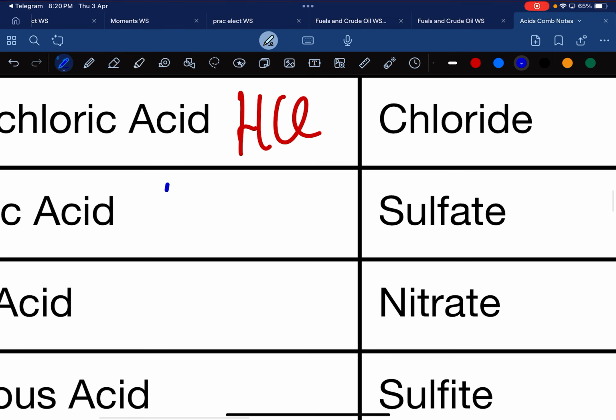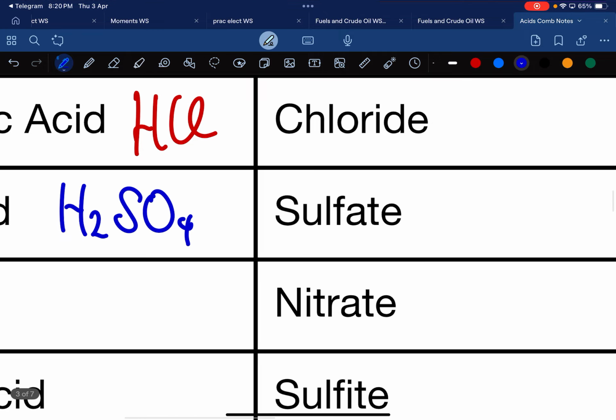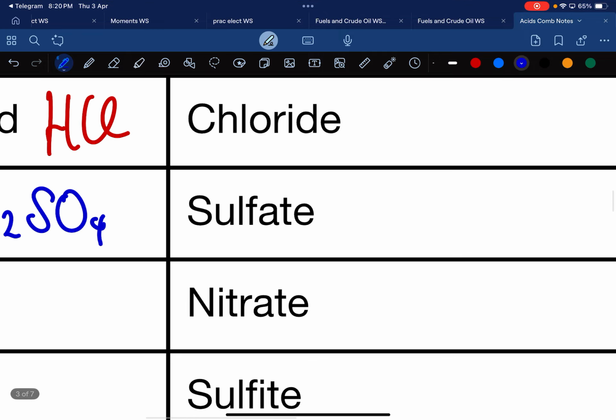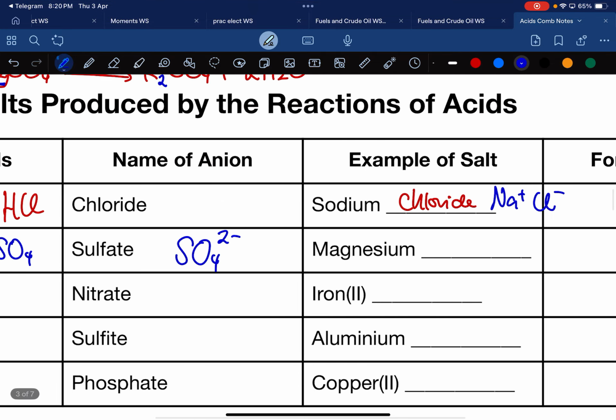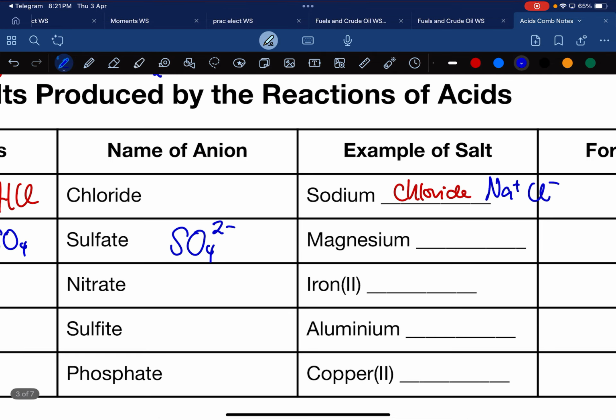Sulfuric acid is H2SO4. When you release, you will get sulfate ion, SO4 with a 2 minus charge. Jaren, are you following so far? Yes. So what will your salt name be?